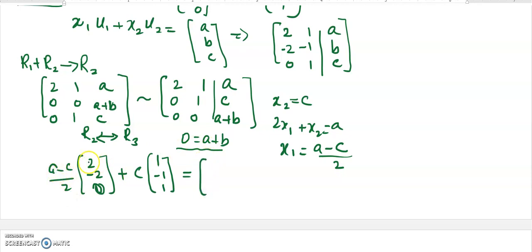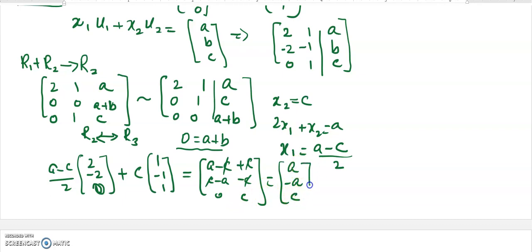If you multiply these coefficients and bring them inside, it will be A minus C, and then C minus A, and that will be 0, plus C, minus C, and then C. So what we get is A, and then minus A, and then C. What is minus A?